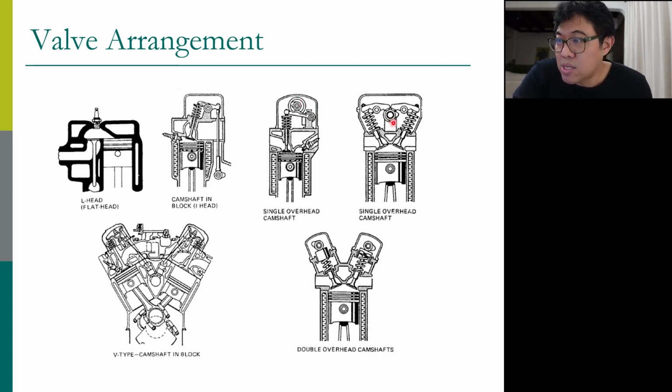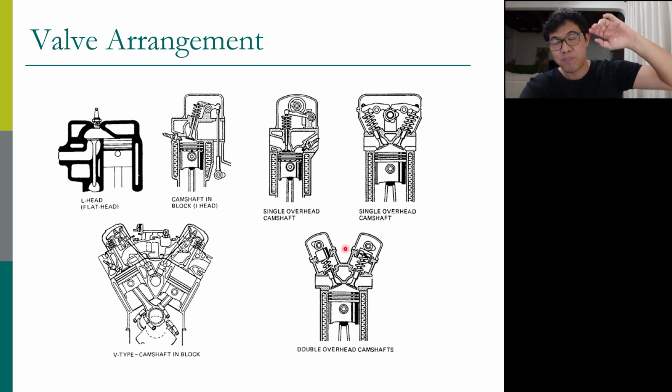We call it single overhead camshaft. We also have double overhead camshaft, with one camshaft for the intake valves and the other for the exhaust valves. So we call it double overhead.